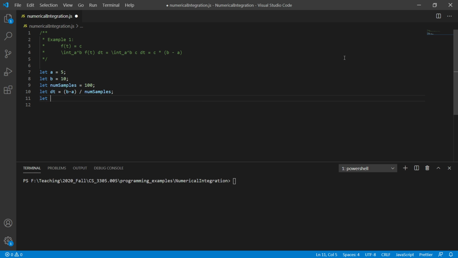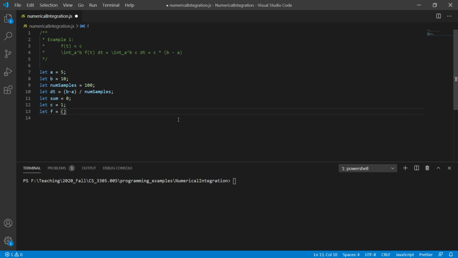So our sum, our numerical integral, is initialized to 0. And then the constant that we specified here, right, f of t is just a constant value, is here, so that we can play around with it. So we'll say that it's 1.